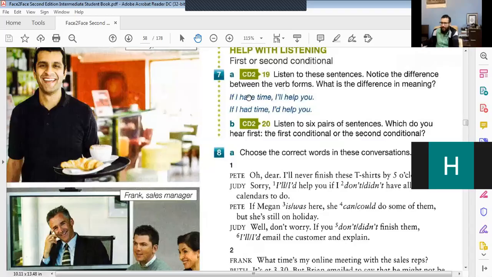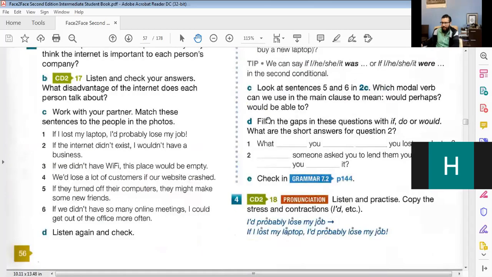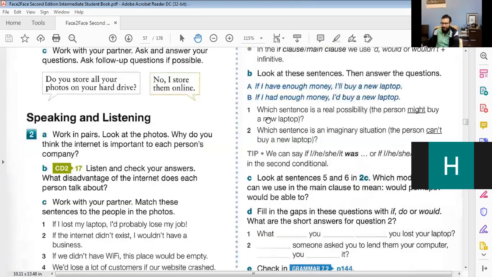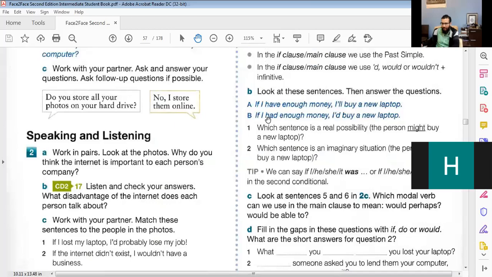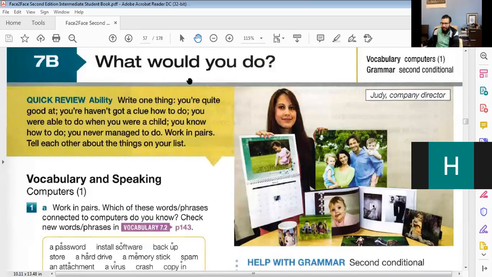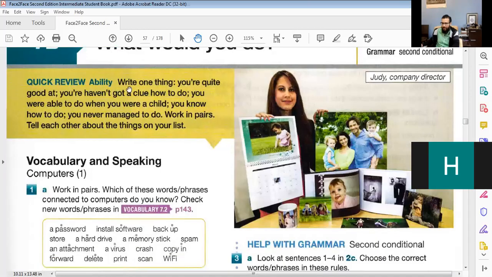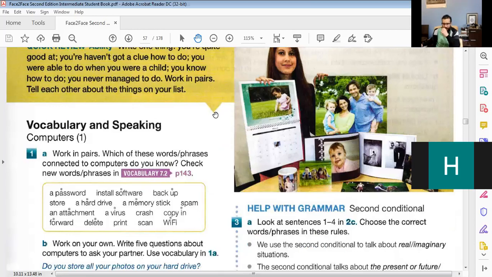We focused mainly in our last lesson on the differences between the first and the second. Actually, we talked about the second conditional and we compared it with the first conditional. So if you remember in this lesson, what would you do? All of this was about how we use the second conditional.